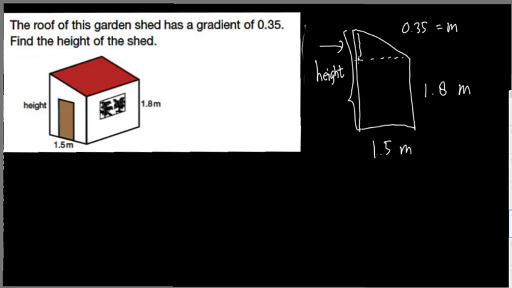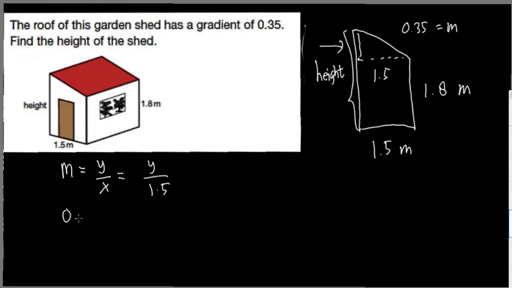Since we know that the base is 1.5, so it's supposed to be 1.5 also. And then we're using the gradient principle. Gradient equals y over x. y is the number that we want to know. x is 1.5.